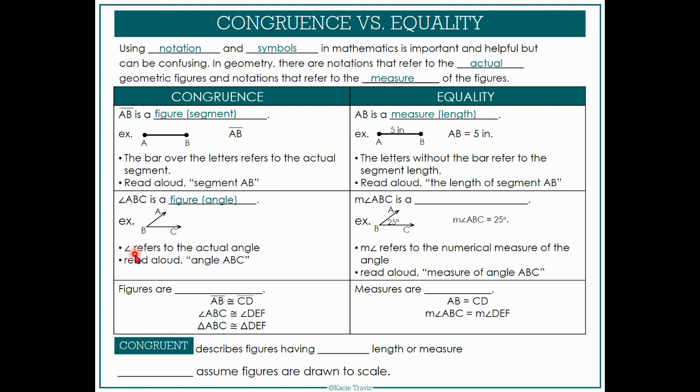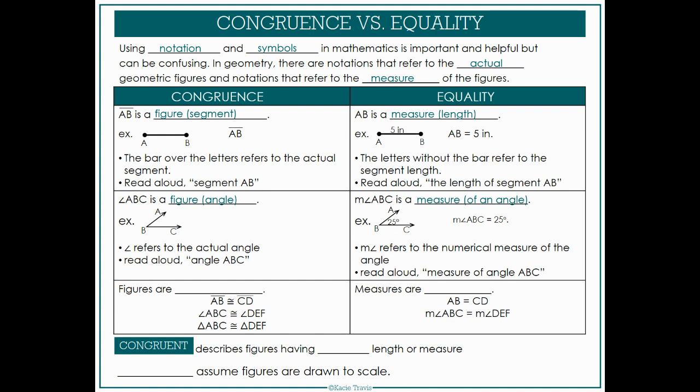Or you could put that symbol and then ABC. Now, if you see M in front of that symbol, that is specifically talking about the measurement of that angle. Inside of here, you now see a number, 25. So we would say the measure of angle ABC is 25. So if you ever see M, that's talking specifically of how big this angle is.